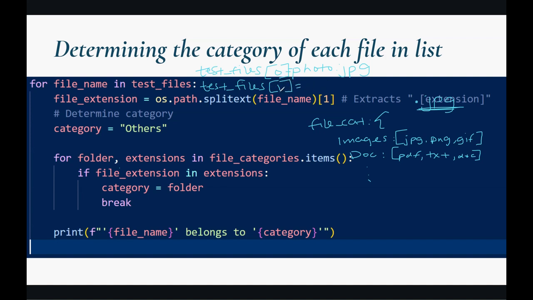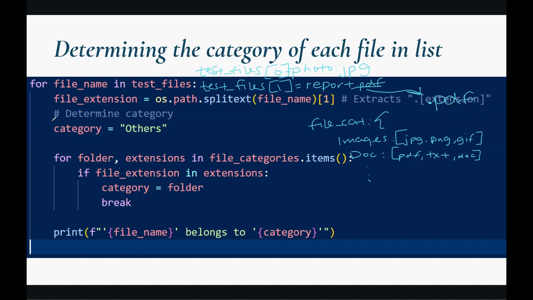The element at index 1 of test files is report.pdf. I keep forgetting the P. I don't know why. Okay, so our current file name is report.pdf. We extract the file extension from this file name, which is going to give us PDF. So PDF is our current file extension.